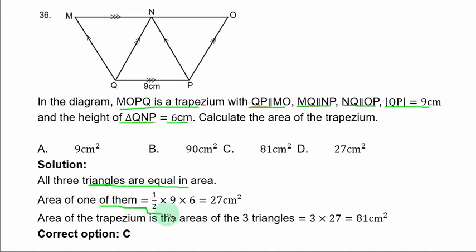That is 1 over 2 times 9 times 6, that is 27 square centimeters. Area of the trapezium is the area of the three triangles. That is 3 times 27 equal to 81 square centimeters. C is the correct option.